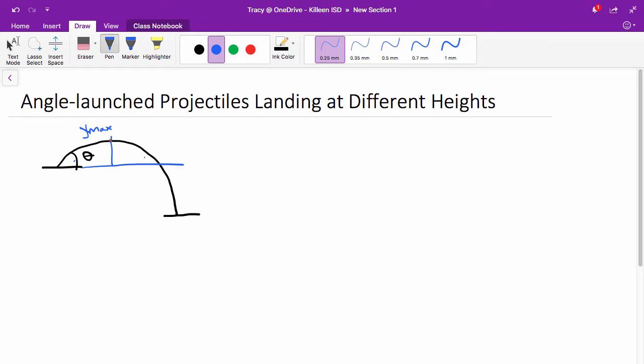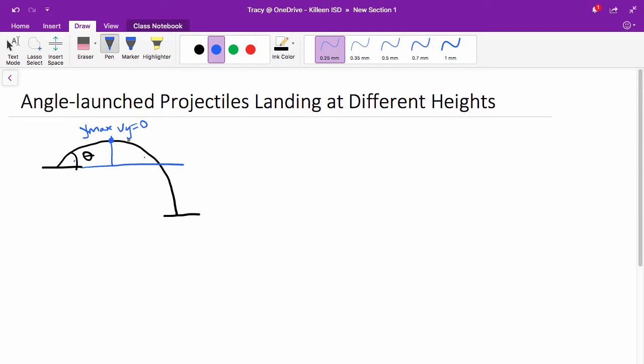Right here at this top spot at Y max, your Y velocity is equal to 0. Your x velocity is the same throughout. The time over here is equal to the time over here. The distance over here is equal to the distance over here. All that's going on.